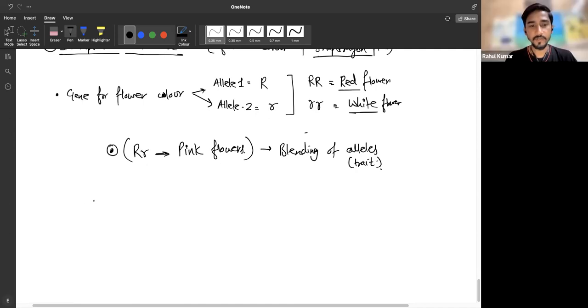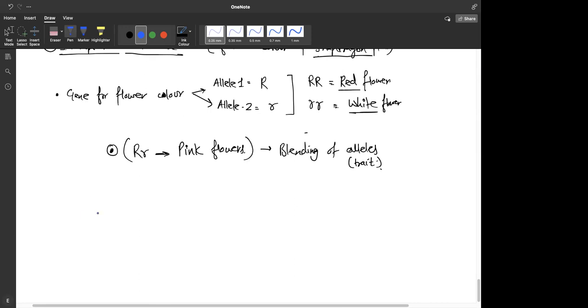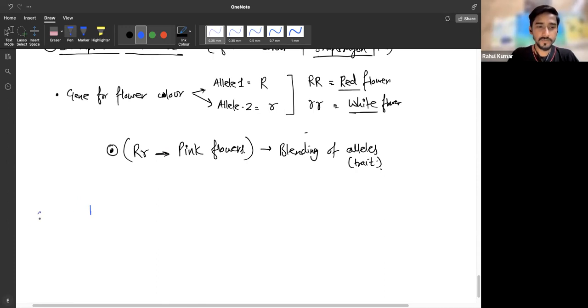But this tells that if I do a cross now, in incomplete dominance, our concepts of test cross and back cross will not work. Let's see why. To begin with, if I have a red flower, there are three phenotypes possible: red, white, and pink. Unlike tall and dwarf, there was no intermediate height. Let me give you a question on this.